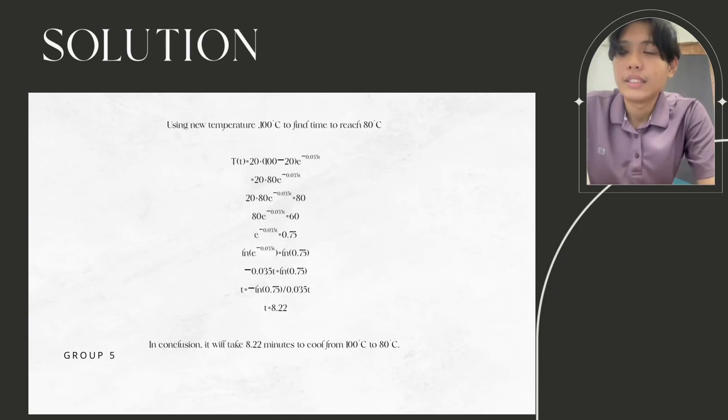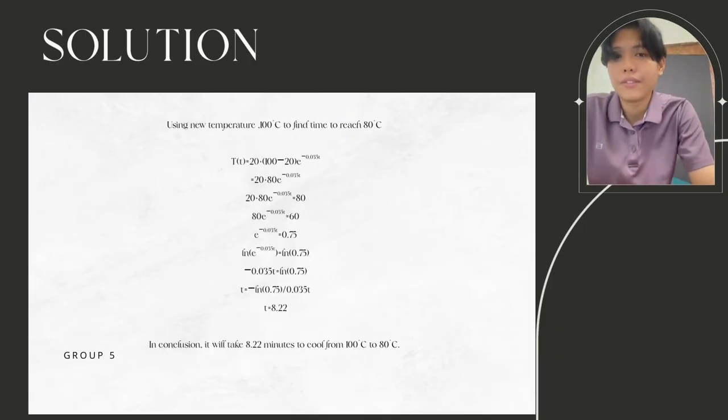So we can bring 20 to the other side, so we get 80e^(-0.035t) = 60. Then we bring 80 to the other side, so we divide. Then we get e^(-0.035t) = 0.75. And then we take ln on both sides to cancel out e. So we get -0.035t = ln(0.75).